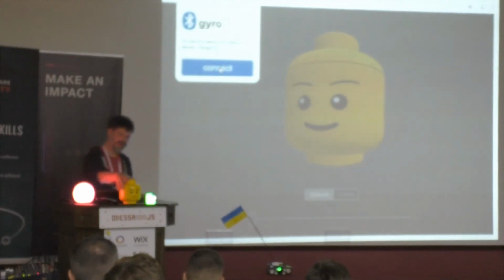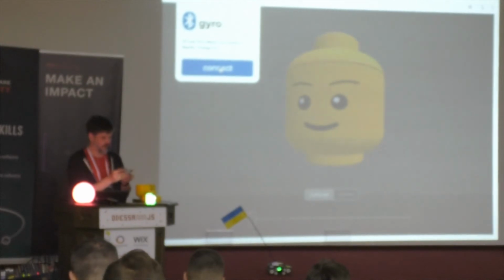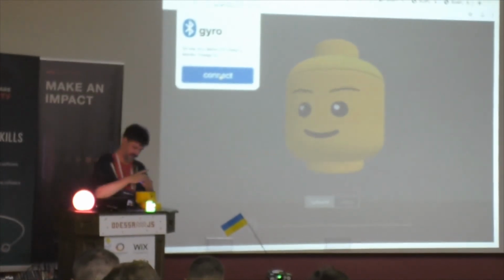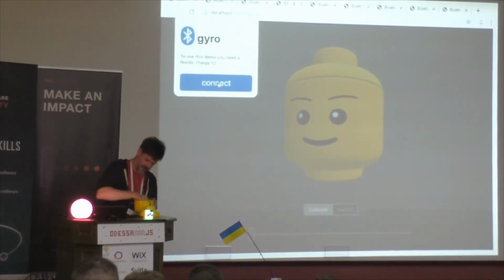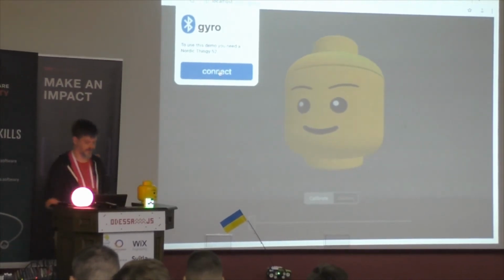You notice the little Lego head I have on stage with me. In it is a little device called a Nordic Thingy, and on it is a really tiny switch. That device has all kinds of sensors.